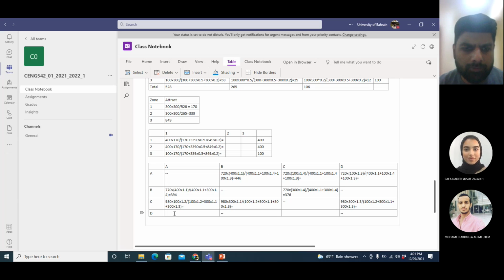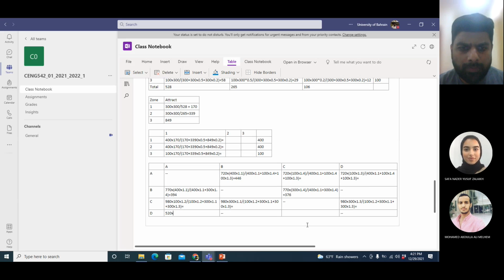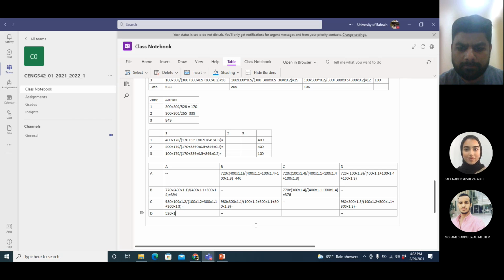Then when you come to D, the future trips for D is 520. The current trips from D to A is 100. The growth rate for A is 1.2. Divide by the summation.